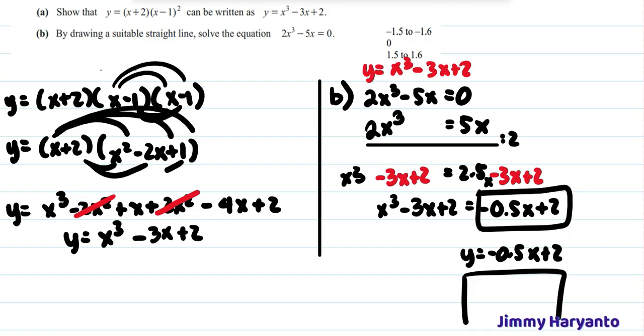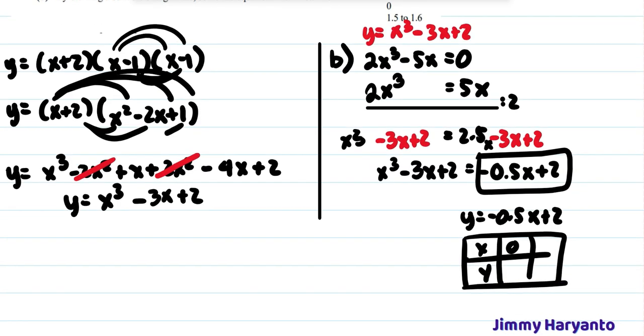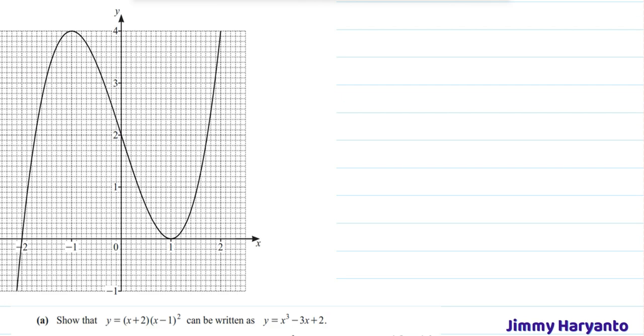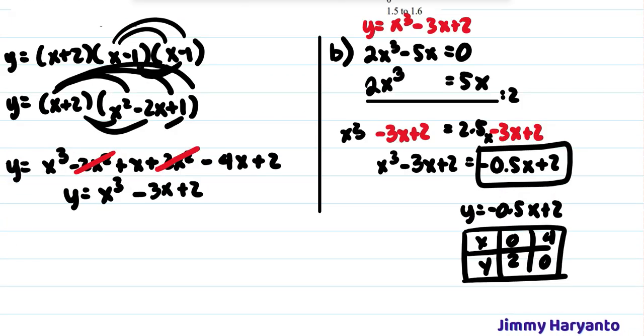And then how do you draw it? You create a table of x and y. When you input x equals 0, you'll have y equals 2. When y equals 4, you'll have 0. Okay, so 0, 2, 4, 0. 0, 2 is right here. Oh no, cannot use 4 then.